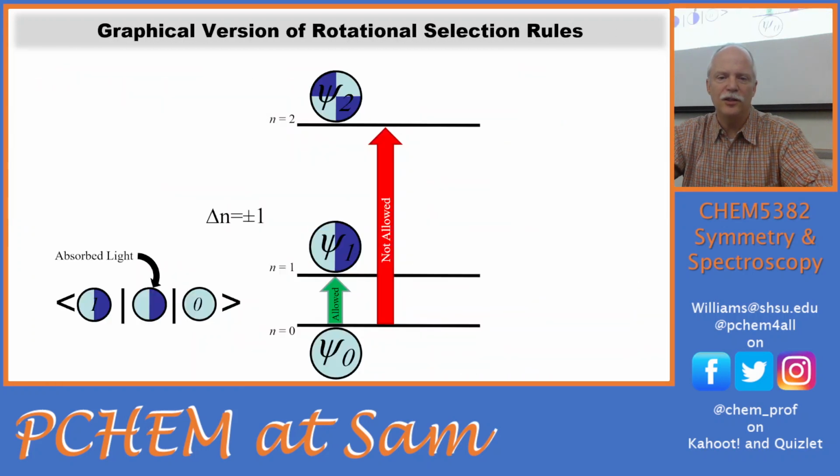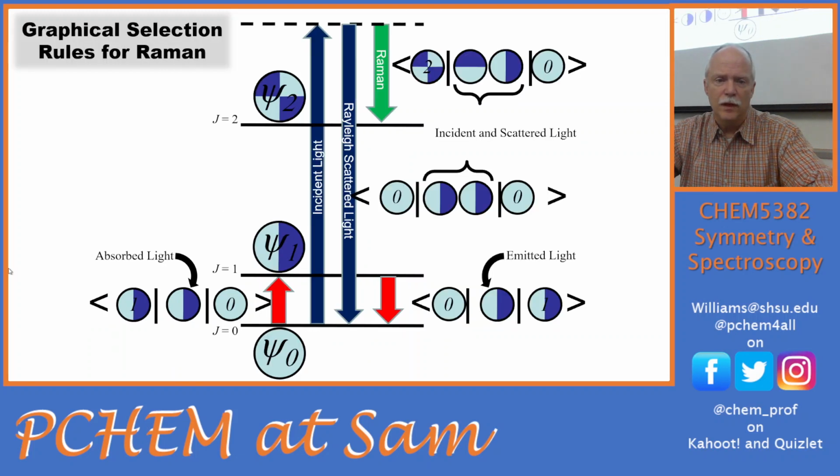Now we can show this visually here with these wave functions. Here's what we show with some of these: we have quantum state 0 going to quantum state 1 in these vibrational wave functions. And you can kind of see that these patterns match here.